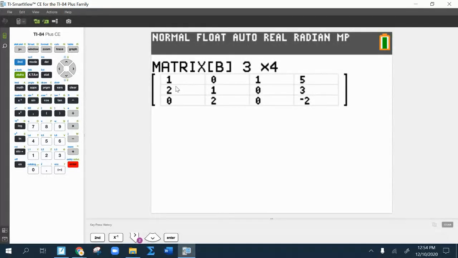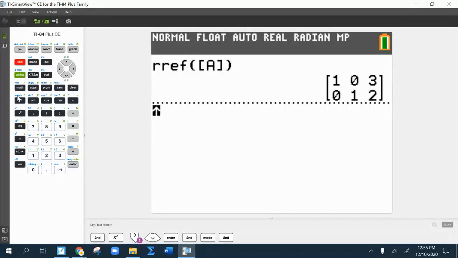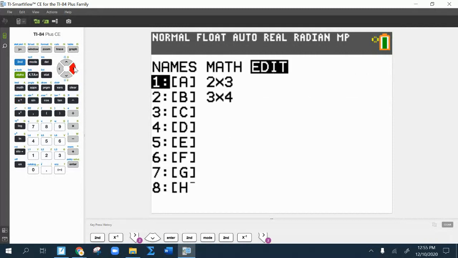Okay, so I put 1 0 1 5, 2 1 0 3, 0 2 0 -2. And once you enter all of those numbers in your matrix, so again, remember you get there by doing second matrix, and then we go over to edit, and you edit either the same one and change it to 3x4, or I always have one in there that's a 3x4.